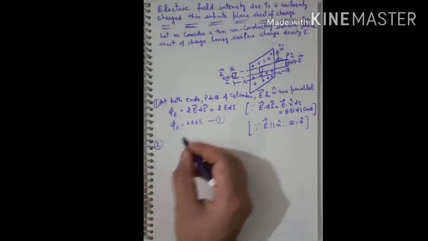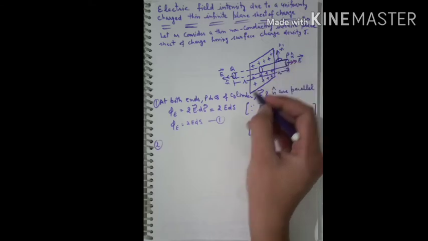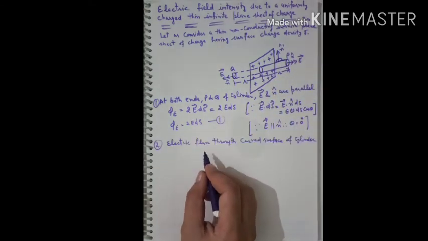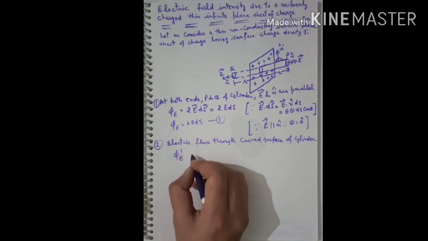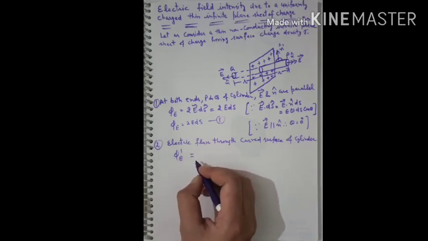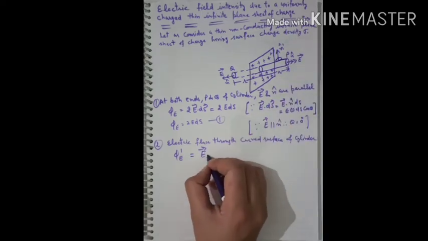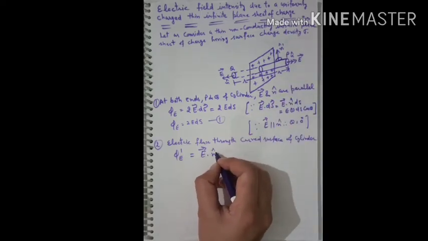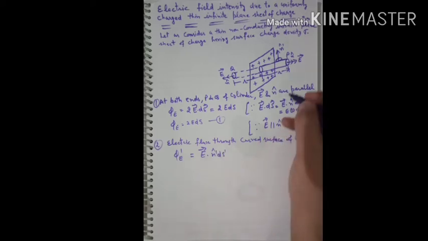The second point is electric flux due to this curved surface. So the electric flux due to this curved surface of the cylinder is phi E dash. This is equal to E vector dot N cap dash vector ds dash. Say that this surface area is ds.